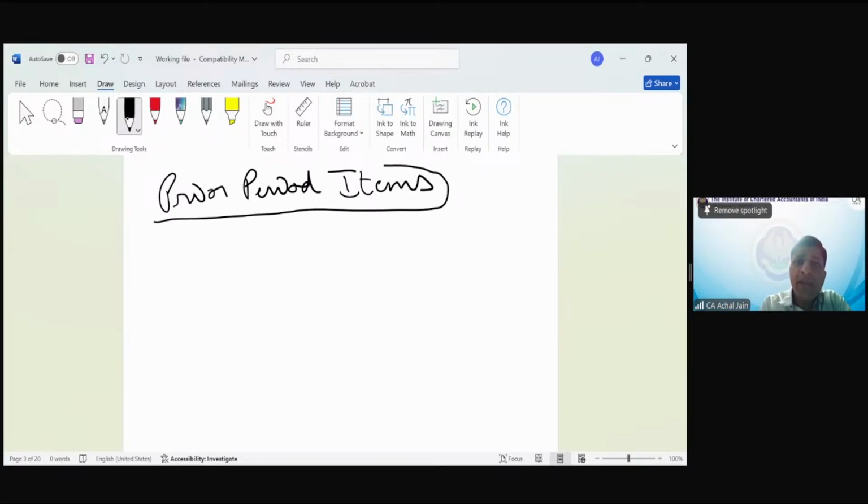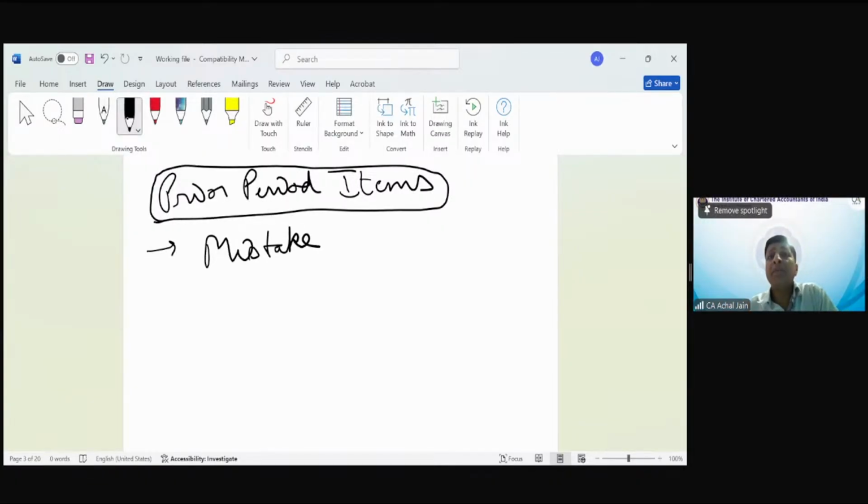Now, what is a prior period item? A prior period item means any mistake which has taken place in the previous period or previous periods.